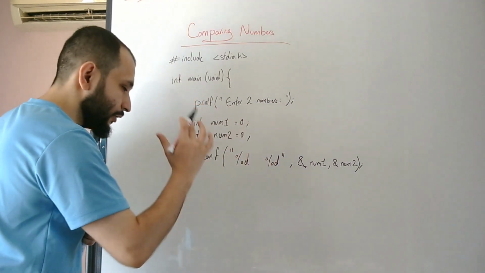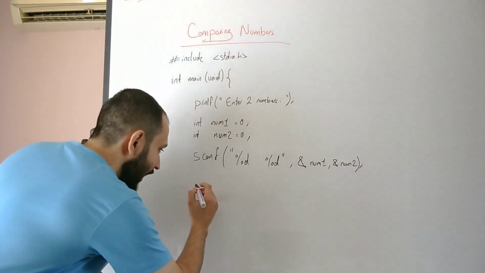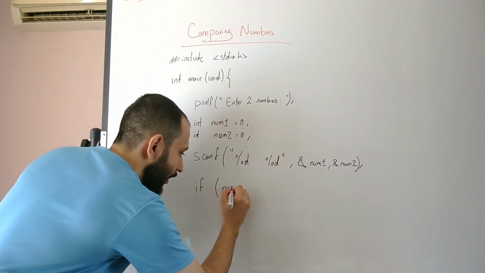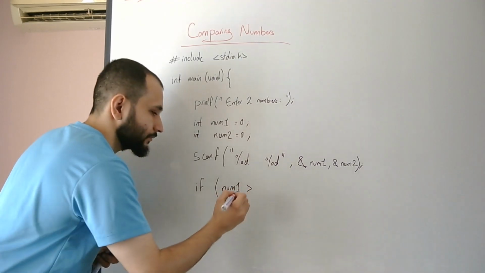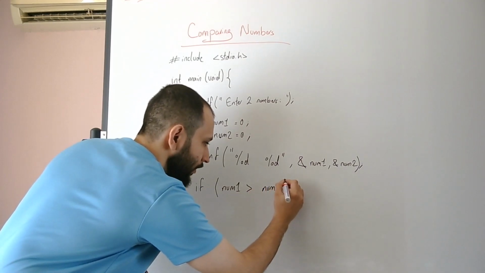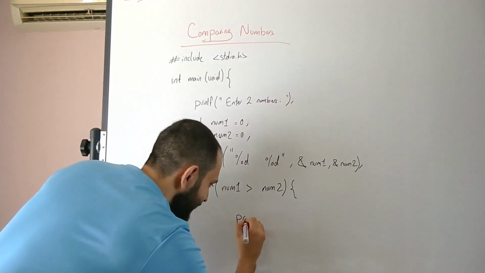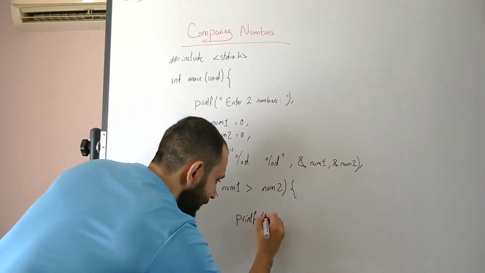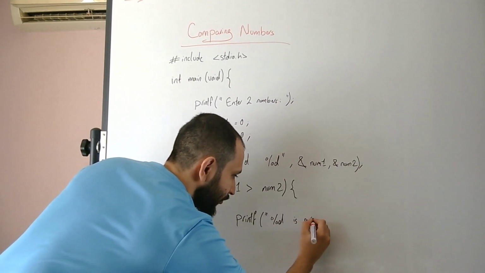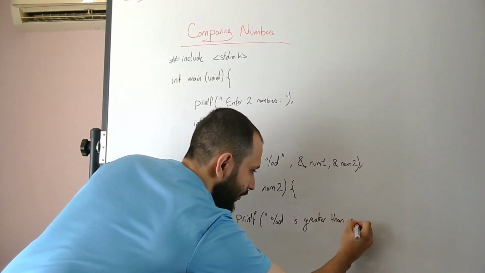After that we've got those two numbers, now is the perfect time for us to compare them. So I'm going to create an if statement in here. If num1 is greater than num2, then we are telling the user, printf, that num1 is greater than num2.